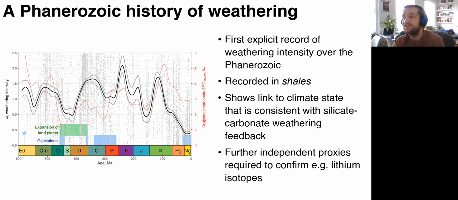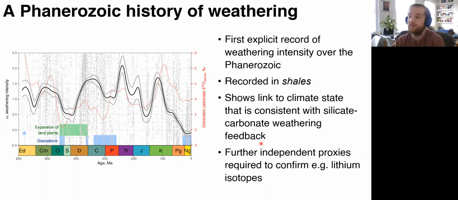So this is really exciting because this is really the first explicit record of weathering intensity of the Phanerozoic, and this is extracted from shales, not carbonates. And this appears to tentatively show some link between climate and weathering consistent with the hypothesized weathering feedback. Now, I would really love to see a further constraint on this.